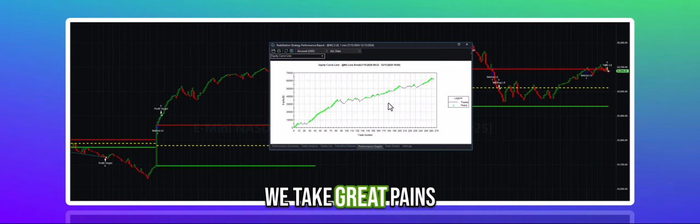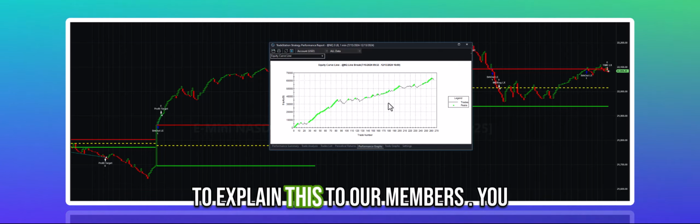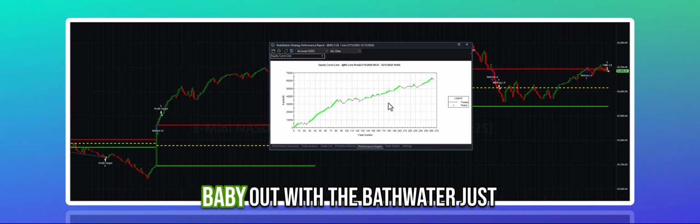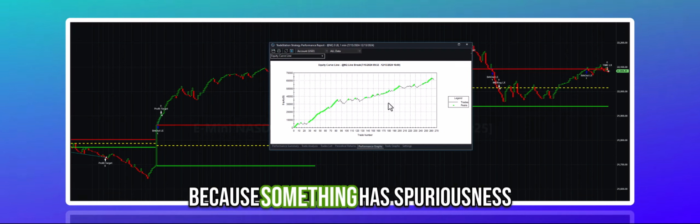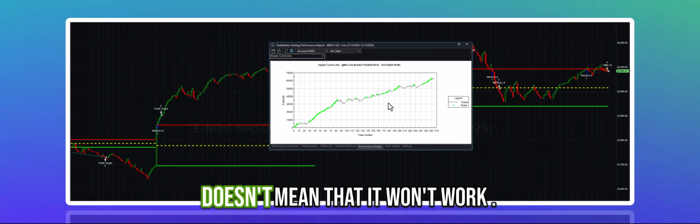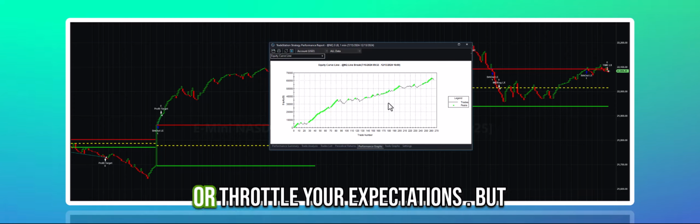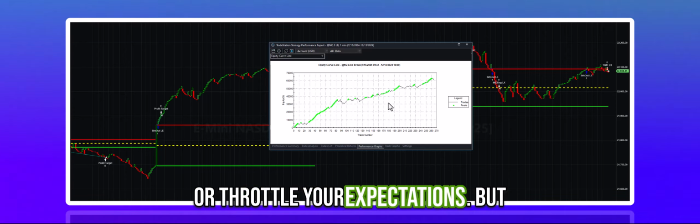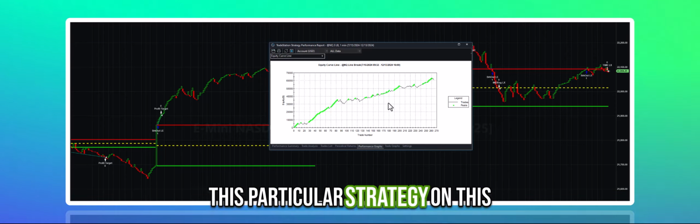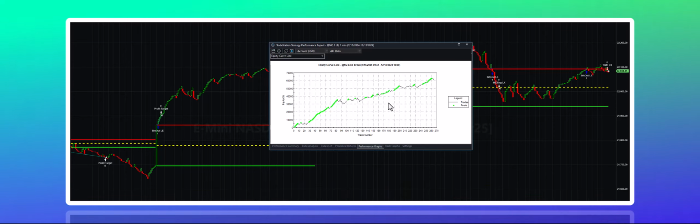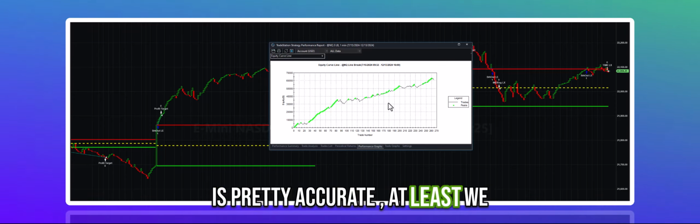We take great pains to explain this to our members. You want to be careful not to throw the baby out with the bathwater. Just because something has spuriousness doesn't mean that it won't work. You just may have to throttle your expectations. But this particular strategy on this particular chart is pretty accurate, at least we believe.